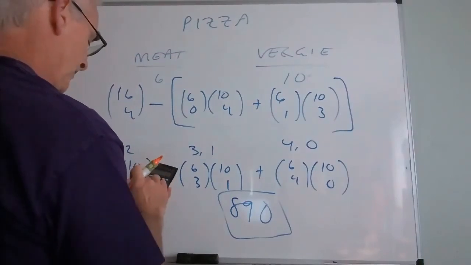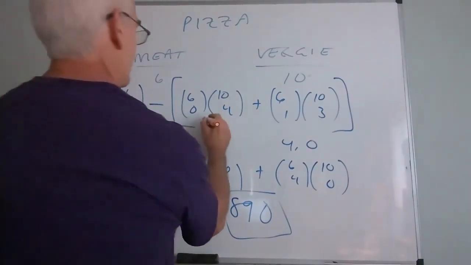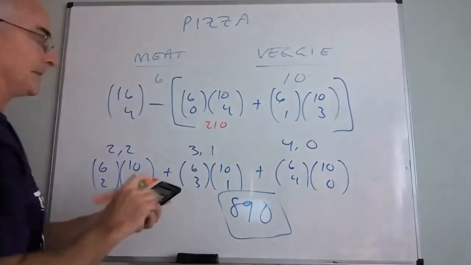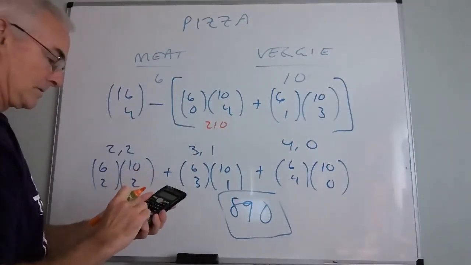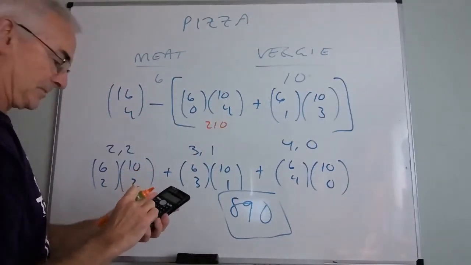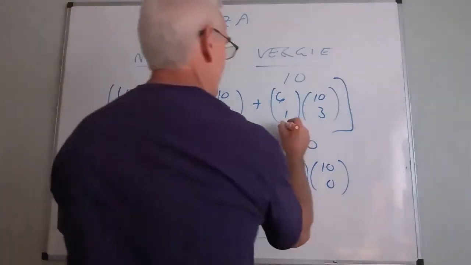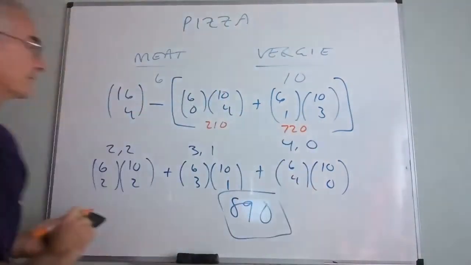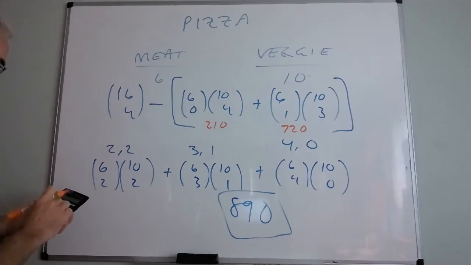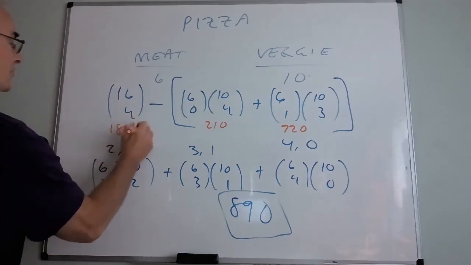So 10 choose 4 times 6 choose 0, that would be 210. 10 choose 3 times 6 choose 1, that would be 720. And 16 choose 4, this would be 1820.